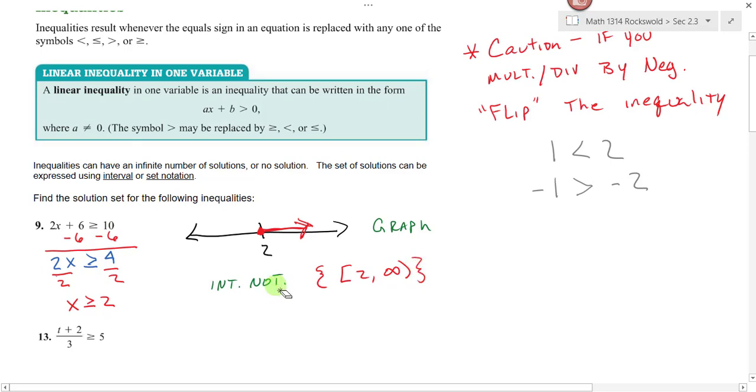This is my answer using interval notation. If I wrote my answer using set notation, it would look like this. It's going to be the set of x's given the condition that x is greater than or equal to 2. So you can write your answer using set notation, inequality, a graph, or interval notation. You need to be familiar with all of these.